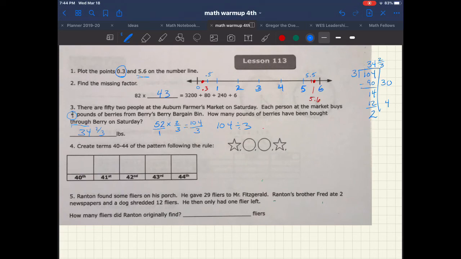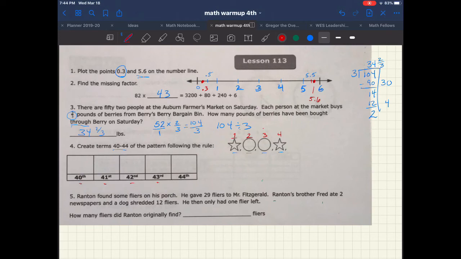Number 4, we want the terms for 40 through 44 of the pattern following the rule star, circle, circle, star. And this tells us that the first one is there, the second one, the third one, the fourth one. And it's tempting to say, since this is 4, that maybe we just have star, circle, circle, star.